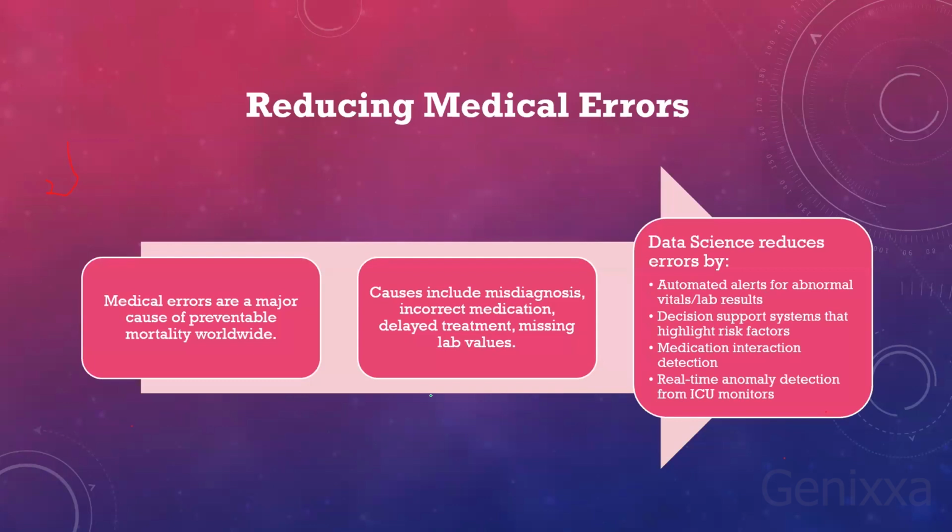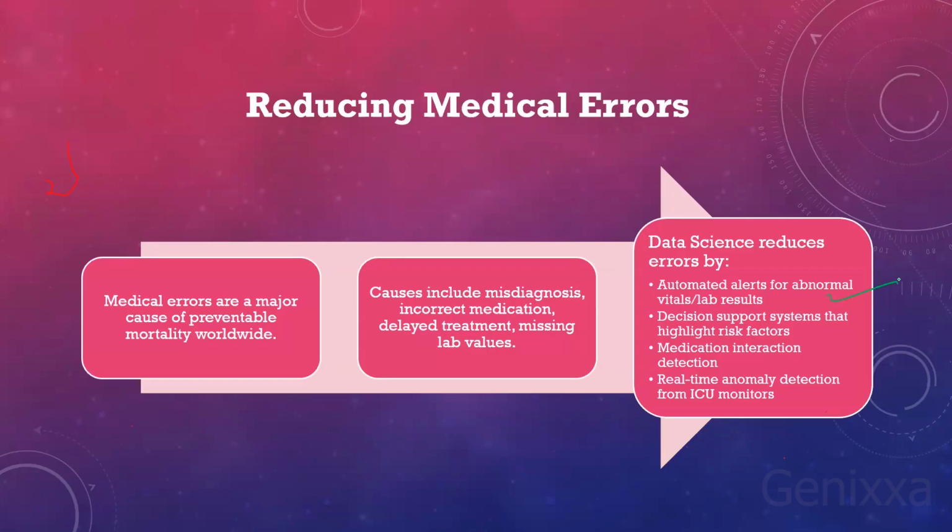Medical errors can be addressed by following specific AI-based technologies that could otherwise lead to incorrect medication sometimes, or missing lab values, etc., and these can be dealt with very precisely using data science principles, because it can generate automated alerts for any kind of abnormal vitals or lab results that may otherwise be skipped by the naked eye of a person who is not able to evaluate specific values at that particular time, maybe due to missing details in the reports, or improperly available x-rays or MRIs, etc., due to several reasons.